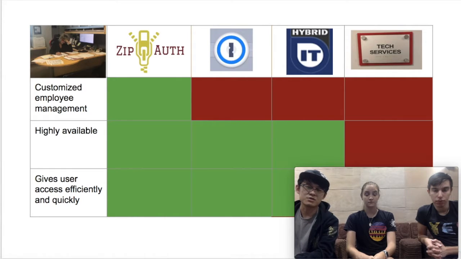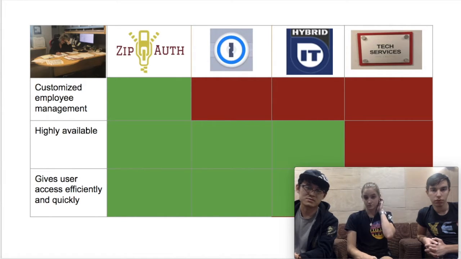Their current solution, their tech service, is not capable of any of these three elements. And for our potential competitors that exist in the market, like 1Password or Harbor IT, they're not customized for employee management.